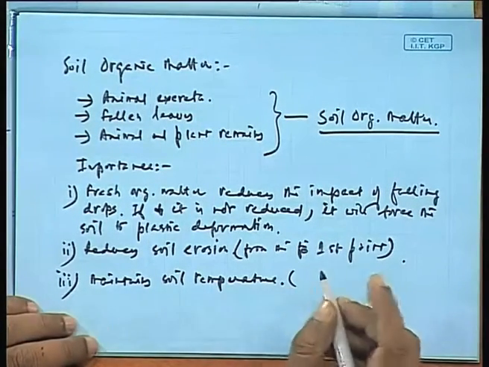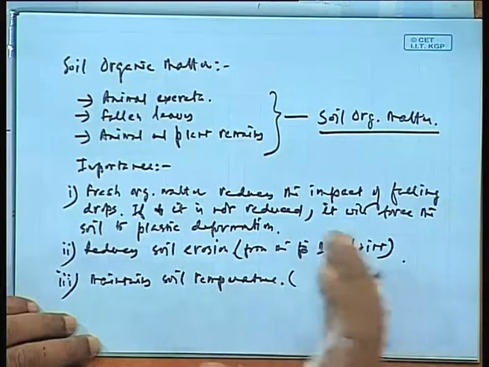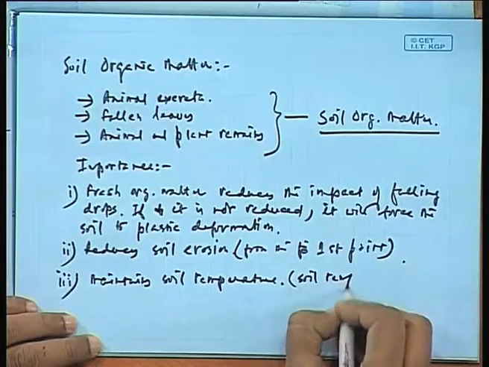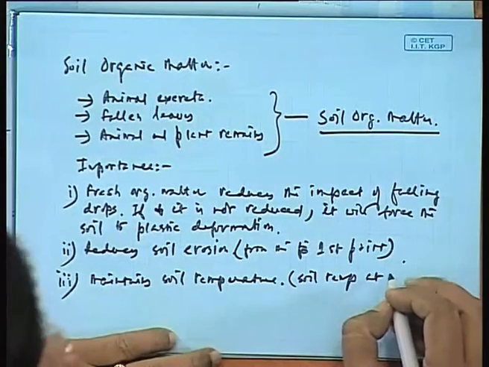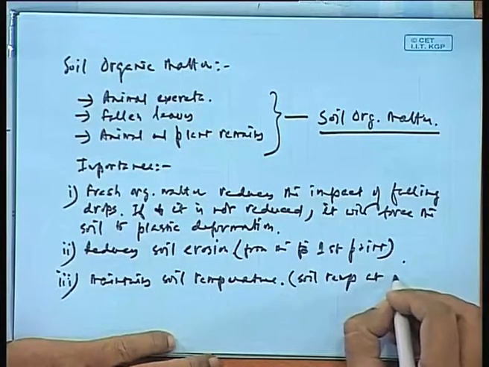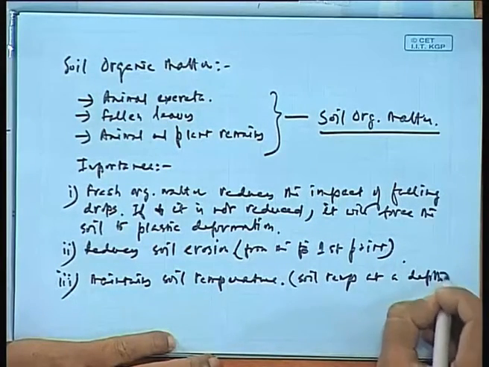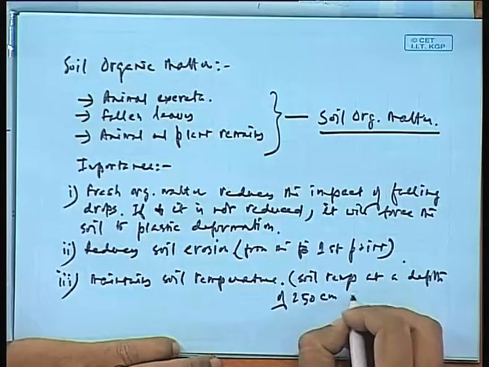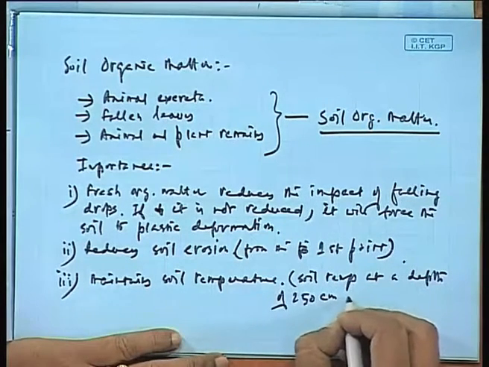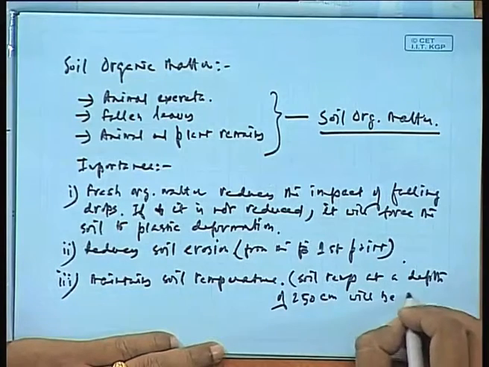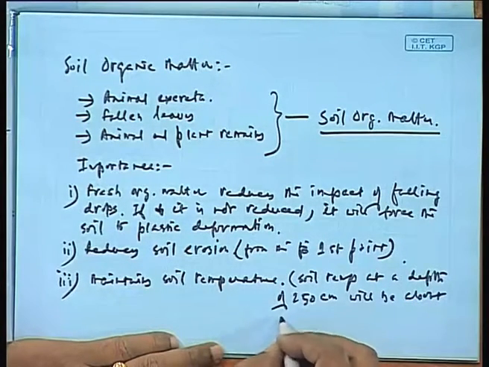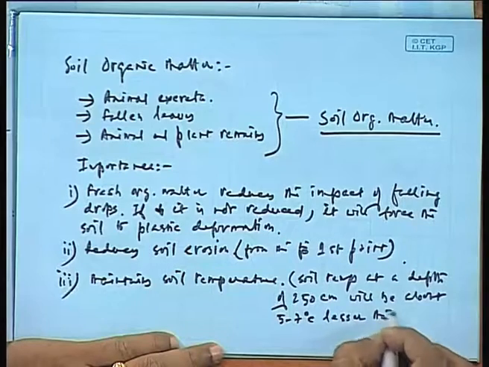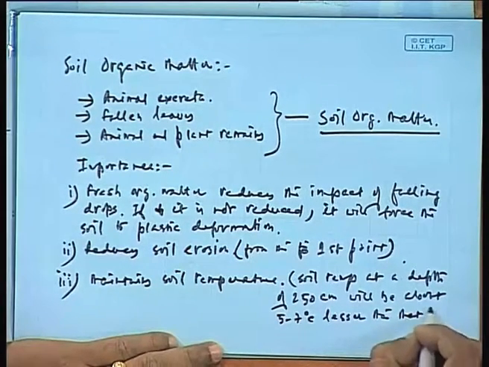In many cases, the soil temperature at a depth of 250 centimeters will be about 5 to 7 degrees centigrade lesser than that in the atmosphere.